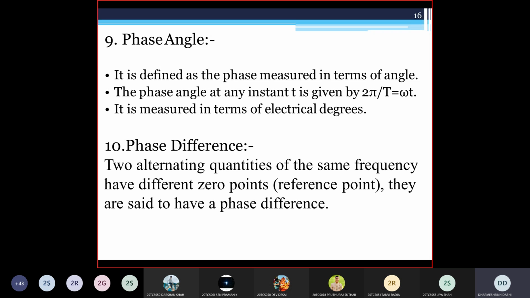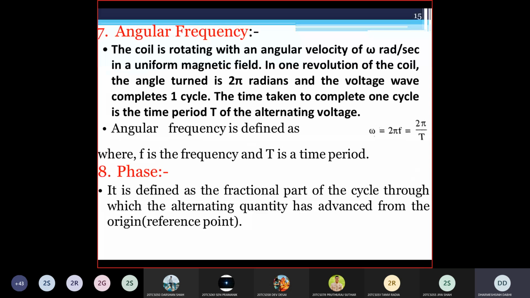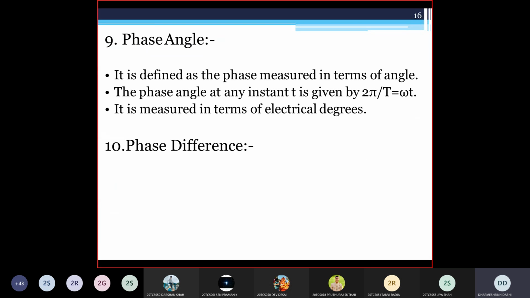Then another definition is phase difference. What is called a phase difference? As we already studied the definition of phase, phase is the fractional part of a cycle through which the alternating quantity has advanced from the origin. Suppose there are two alternating quantities, one starting with the zero value and another starting with the maximum value.